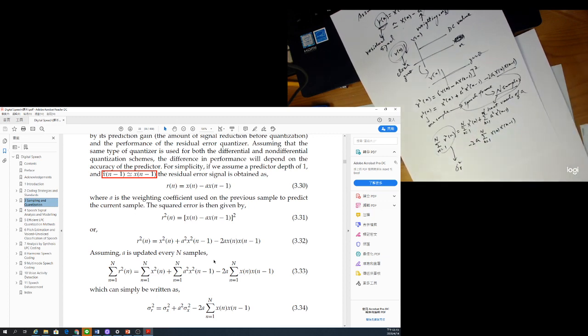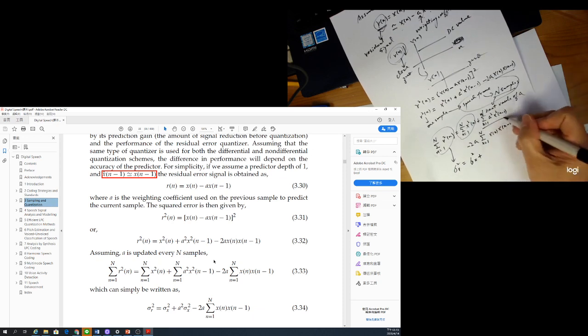Is variance. So it's really like we calculate the residual signal energy. So this one looks like our signal energy.